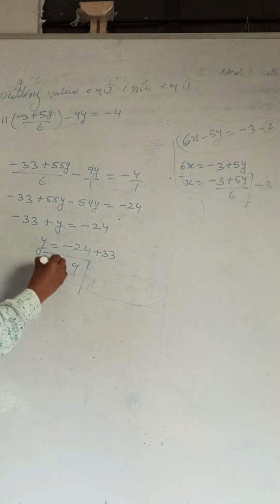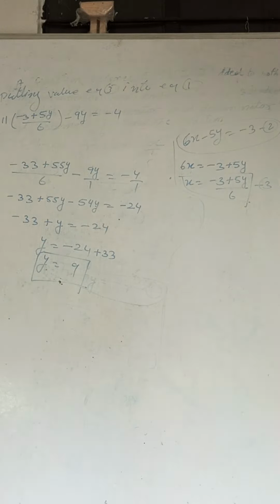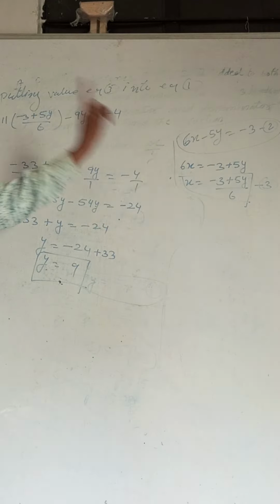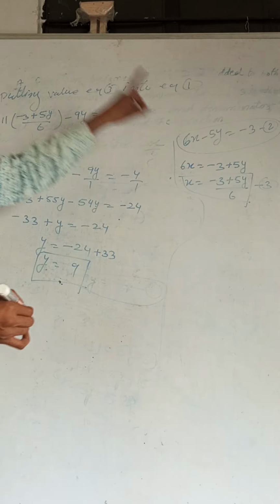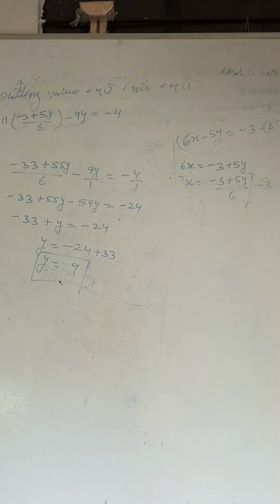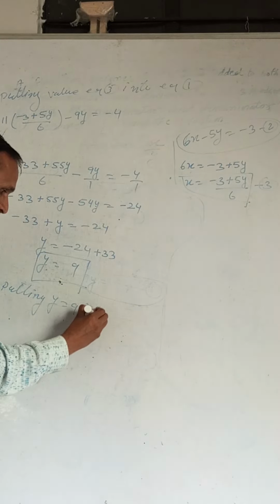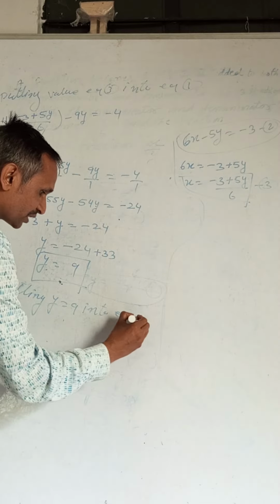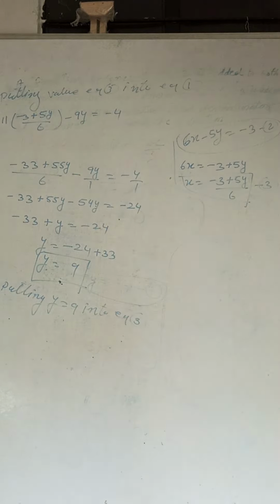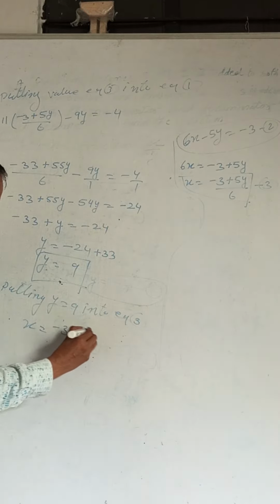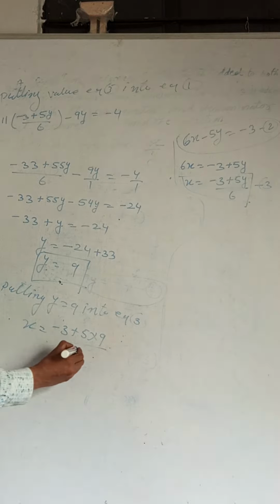What did we get? We got the y value is equal to 9. Keeping this y value into equation number 3, or equation number 1 or 2, any one, you will get the x value. So now putting y is equal to 9 into equation number 3, we get x is equal to minus 3 plus 5 into 9 by 6.